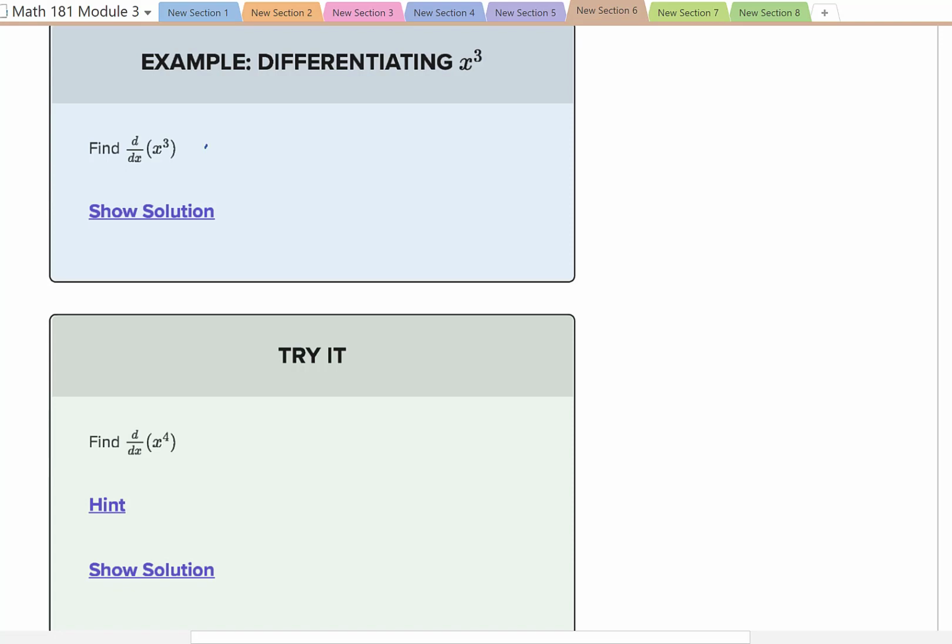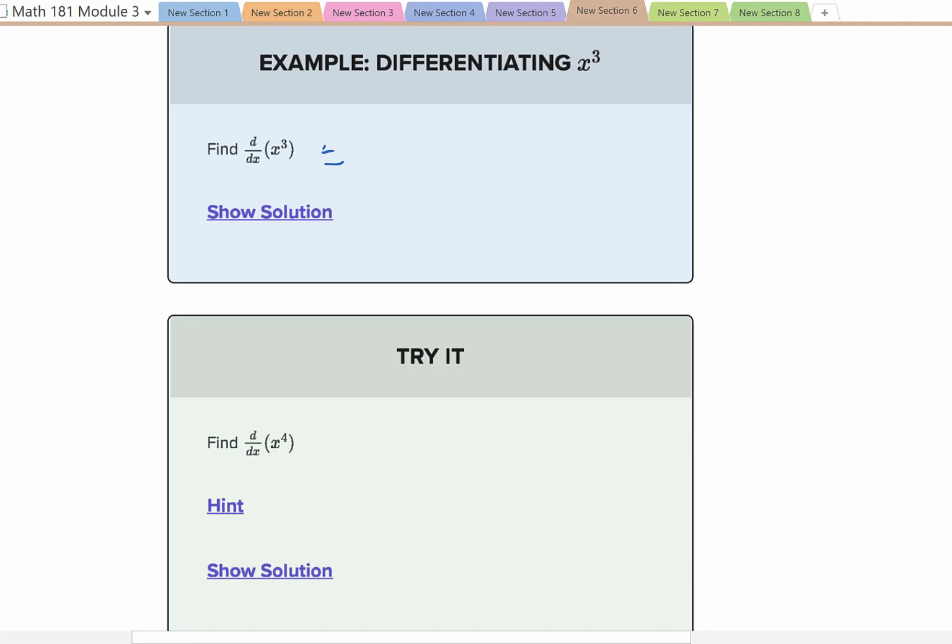Now, this derivative could be seen as the limit as h goes to 0 of x plus h cubed minus x cubed all over h.